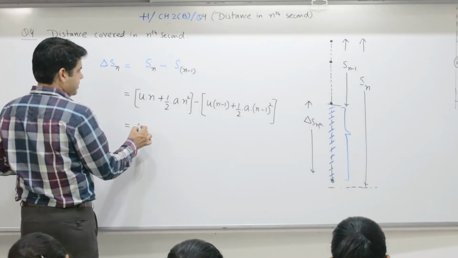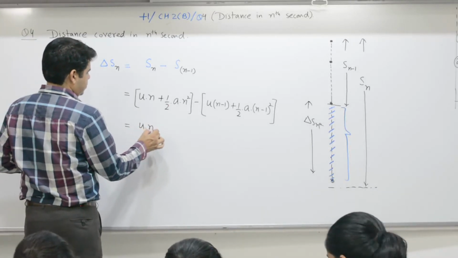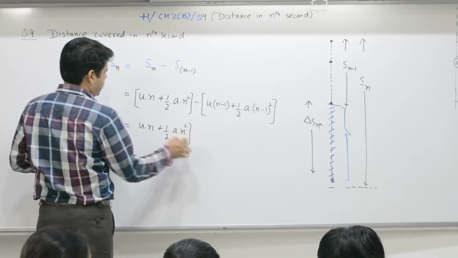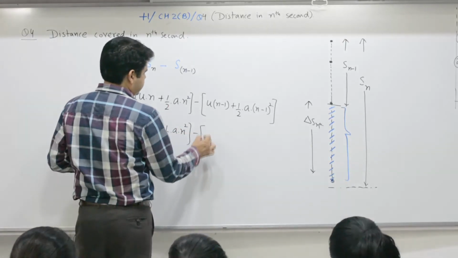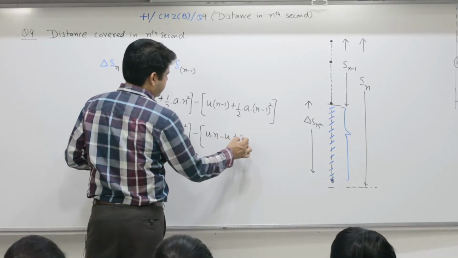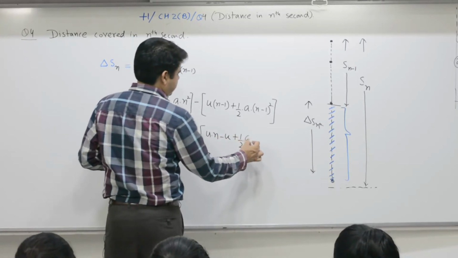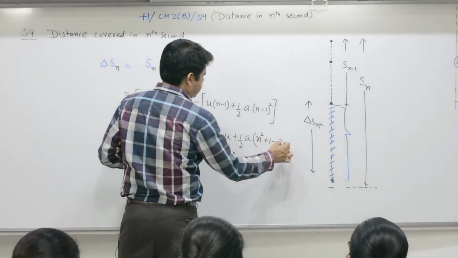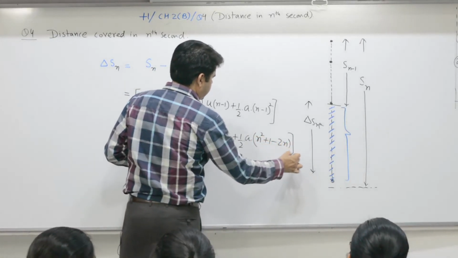What you get here is un plus 1 by 2 a n square minus un minus u plus 1 by 2 a times n square plus 1 minus 2n.